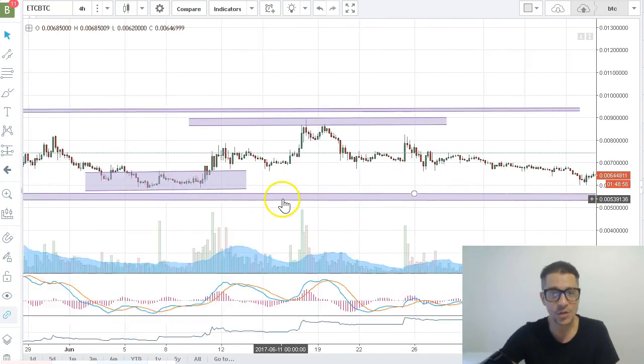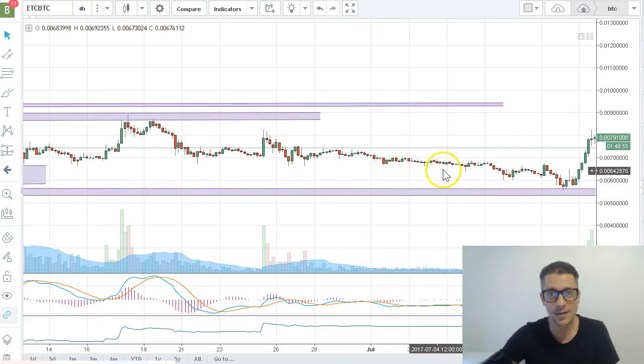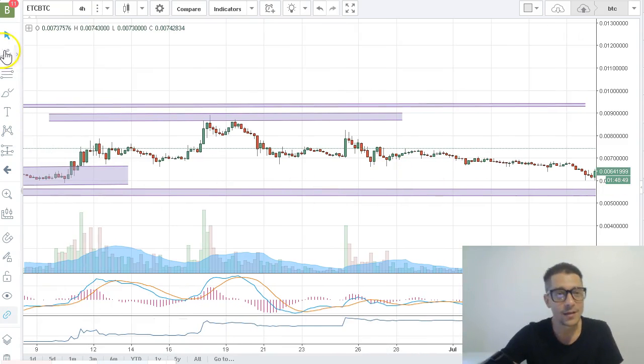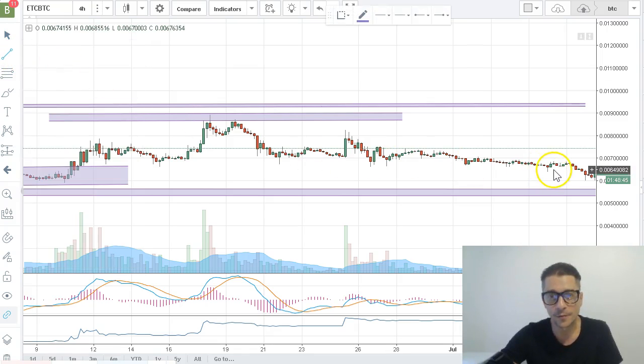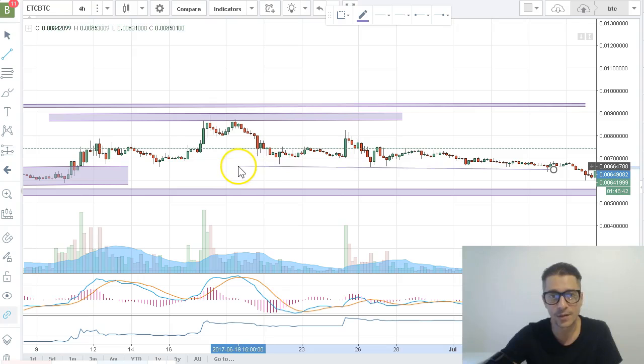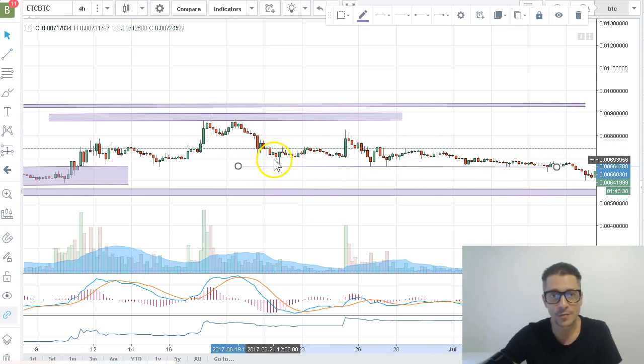And generally, the rule is that once a support is broken, the price will be going down to the lower support. And this is why here we had, for a while, quite good support at this level. The price was testing it and it didn't break it, and then it continued to rally.